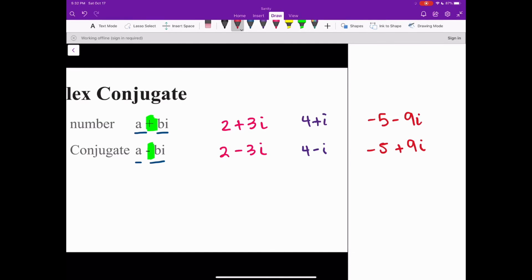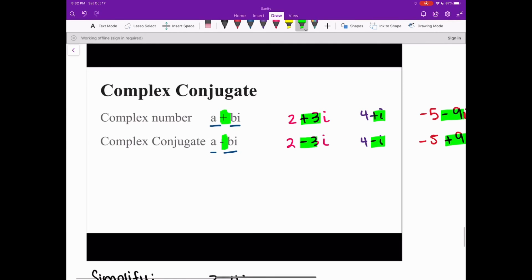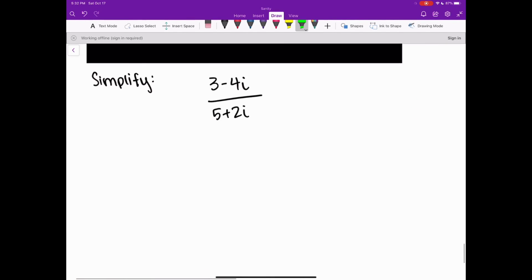Any and all examples that you need to get down, please do that. Again, all that's changing is the sign of the imaginary part. So here it was a positive i, now it's a negative i. Here it was a negative 9, now it's a positive 9i. Okay, so we're going to use the complex conjugate in this process of dividing two complex numbers.